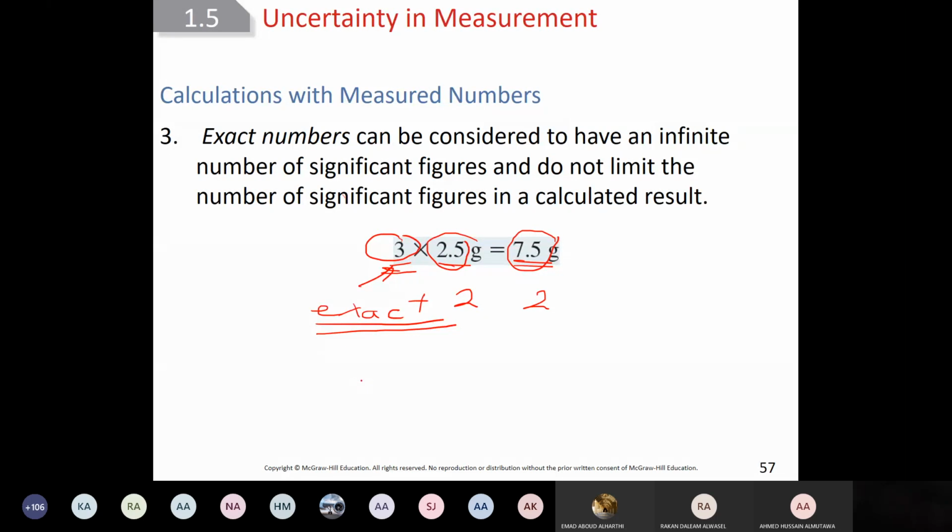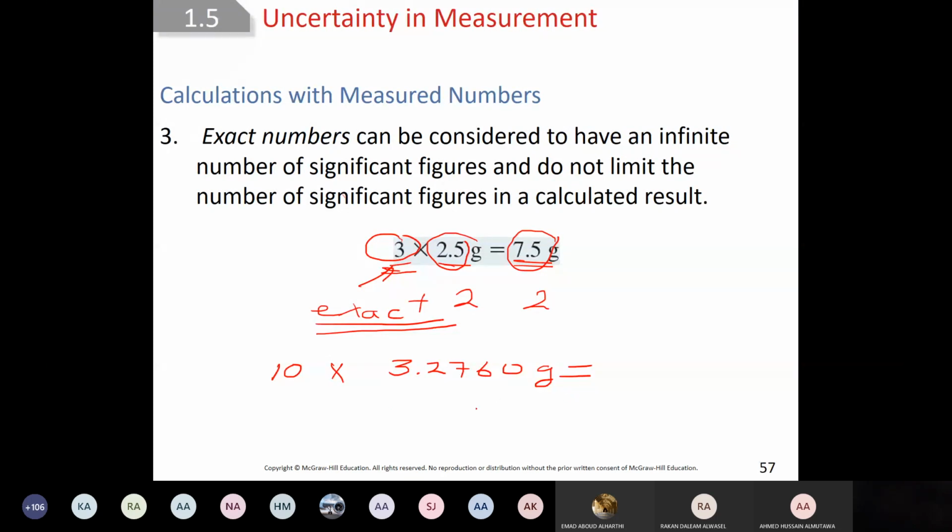So let's give you a very quick example. If I give 10 students, I give each one of them 3.2760 gram of something. Then what's the total grams all the students have?